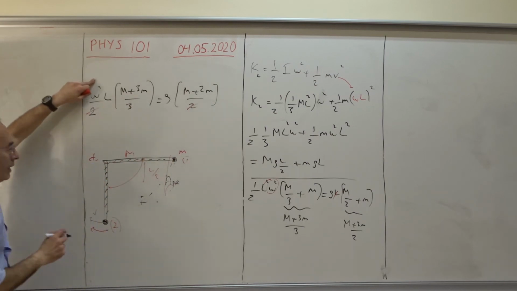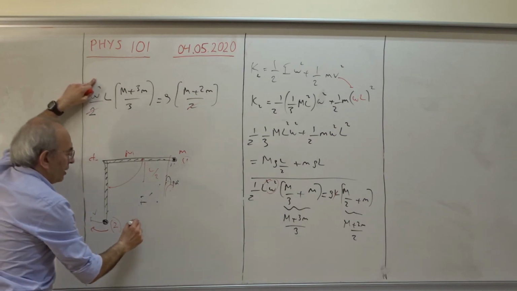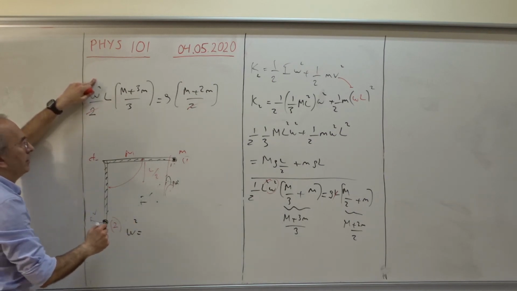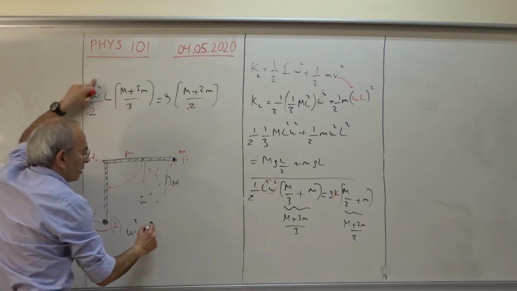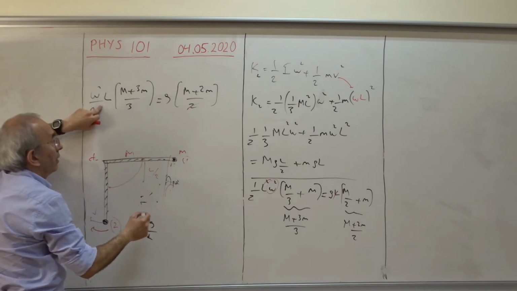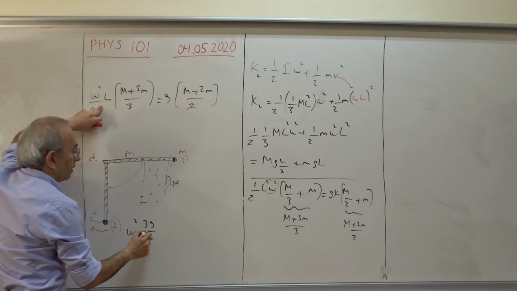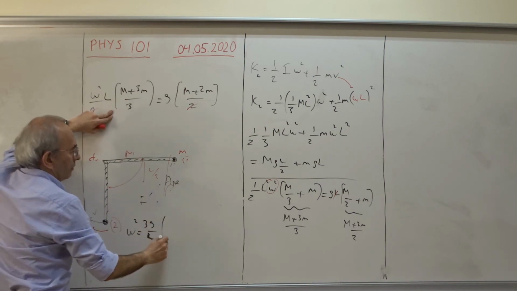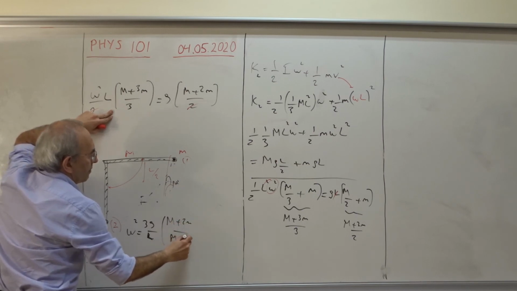So that omega is, the first line, omega squared, alright? Omega squared is G over L, and 3 also, 3G over L, multiplied by M plus 2m over M plus 3m.